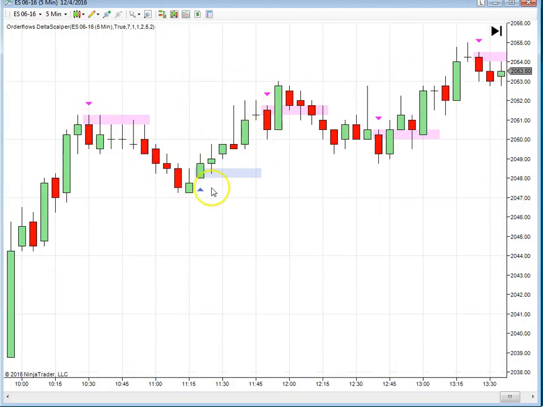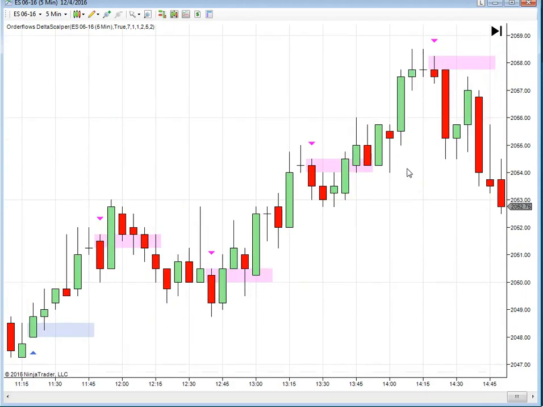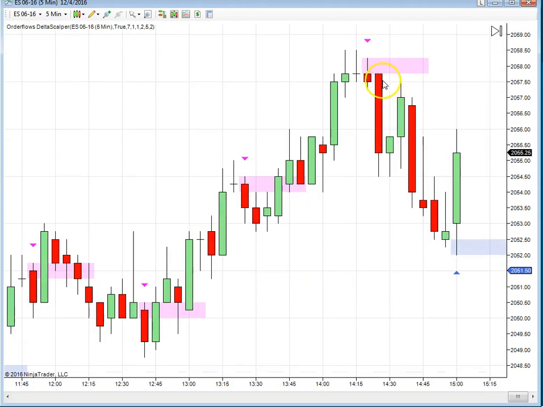This worked out, this didn't work out, this one didn't work out. But if you're trading with any sort of tight stop, you don't even need a tight stop. You just stick your stop right above this bar on a short, or just below this bar on a long. It's not that difficult.